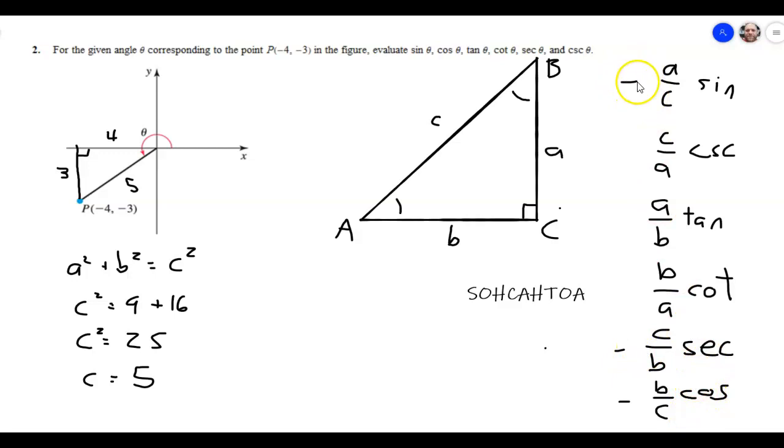Also, my sine is negative and my cosecant is negative, since cosecant is related to sine. But remember, tangent is sine over cosine, and cotangent is cosine over sine. Since those are both negatives over negatives, we end up getting a positive. So my tangent and cotangent solutions will both be positive.